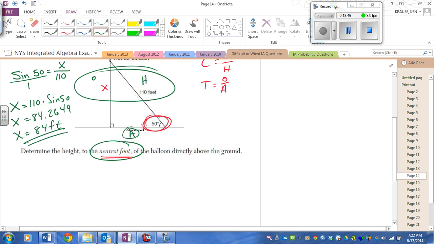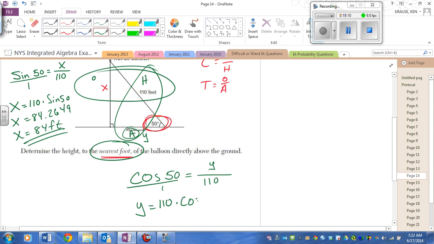For adjacent and hypotenuse, we're going to use cosine of 50 degrees is equal to, we'll call this y, y over 110. And we still cross multiply. So y equals 110 times cosine 50 degrees.